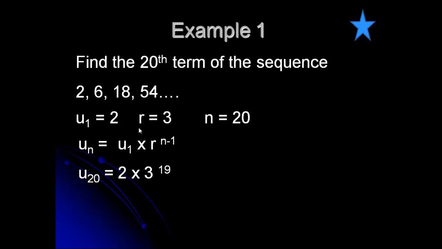Stick some numbers in: 2, 3, and 20 minus 1, 19. And we'll get this number here. It's not unusual with geometric sequences because we're multiplying. We're starting to incorporate multiplying to powers to get very big numbers quite quickly.